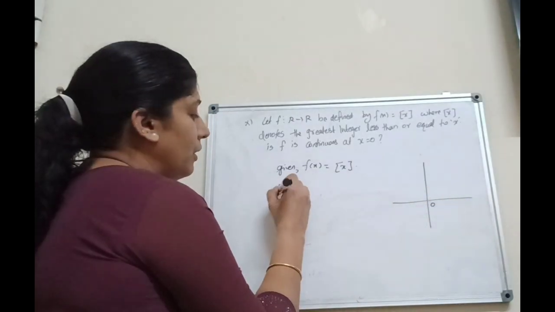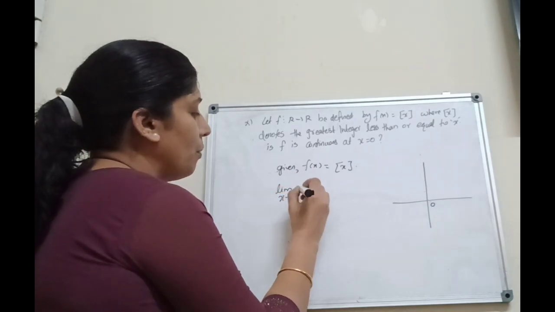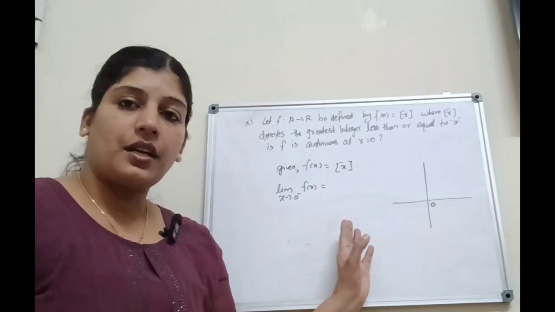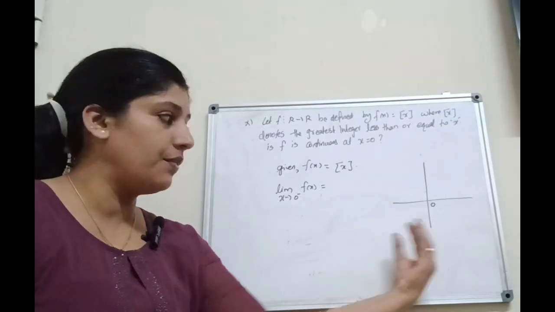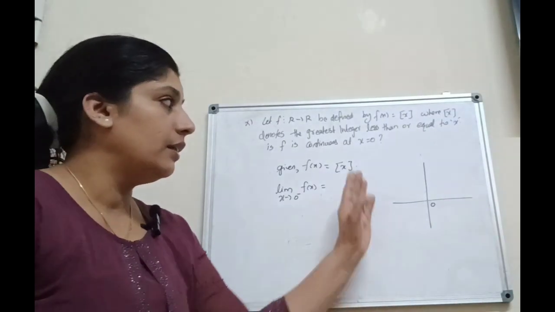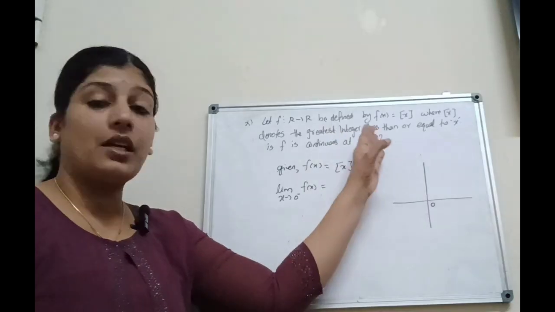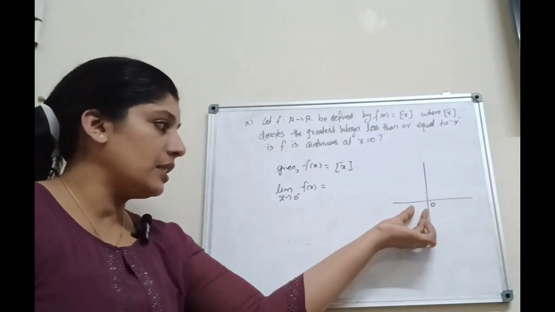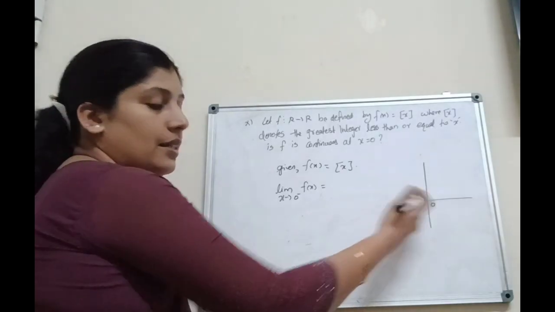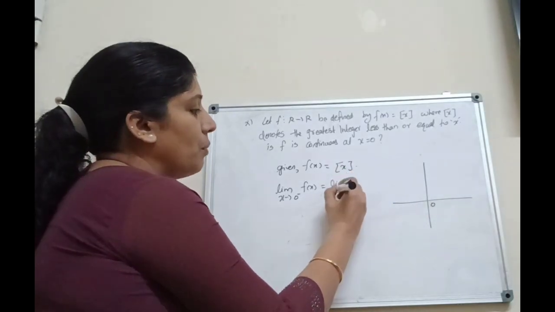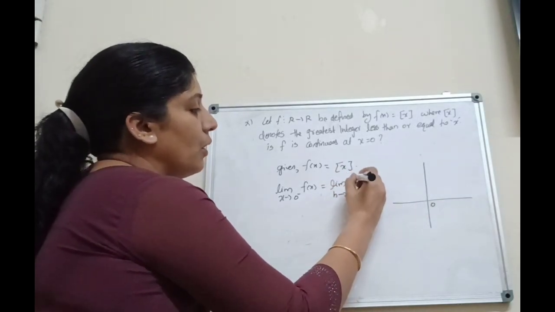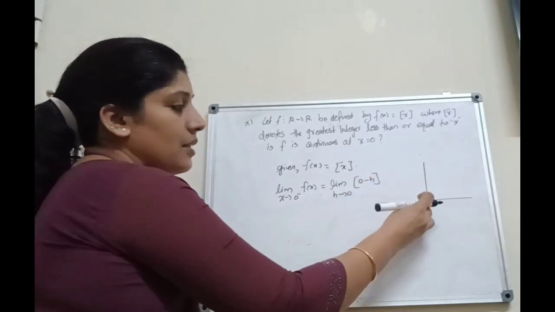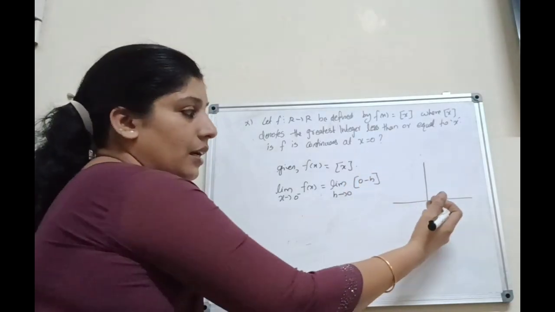First we find the limit as x tends to 0 minus of f of x. The function can be defined on two intervals, the left side of 0 and the right side of 0. The greatest integer function is the greatest integer less than or equal to x. Now for the limit as x tends to 0 minus of f of x, x is less than 0. That is also denoted by the limit as h tends to 0 of the greatest integer function of 0 minus h, the left side of 0, where the value is decreasing.